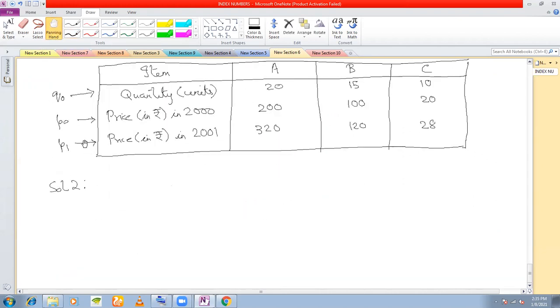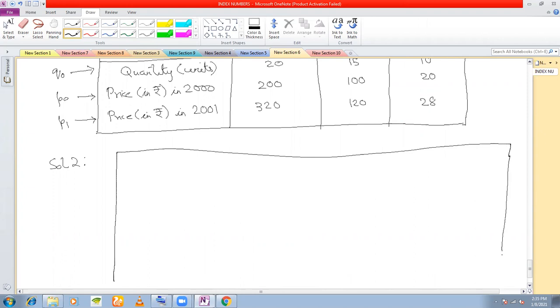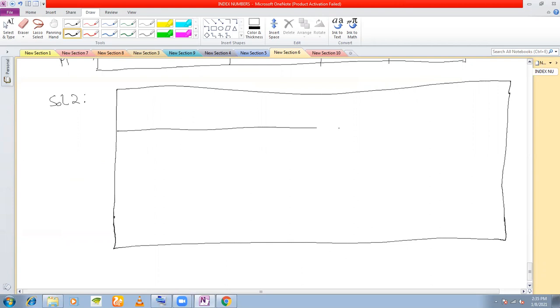So let us draw the columns first. The columns will be: first, for your item.